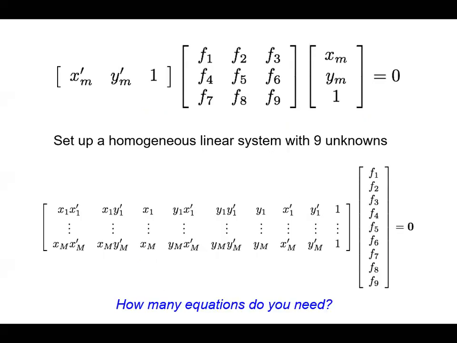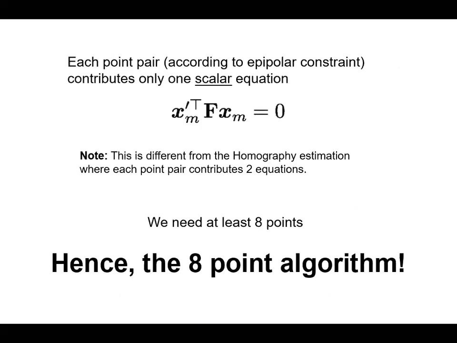Okay, so we set up the homogeneous linear equations with these 9 unknowns from F1 to F9. We mentioned that we can divide by the last one, for instance, then I will have only 8 instead of 9. That's why I need 8 equations. Just to remind again, each point pair is just 1 scalar equation because the epipolar constraint is mapping a point to a line.